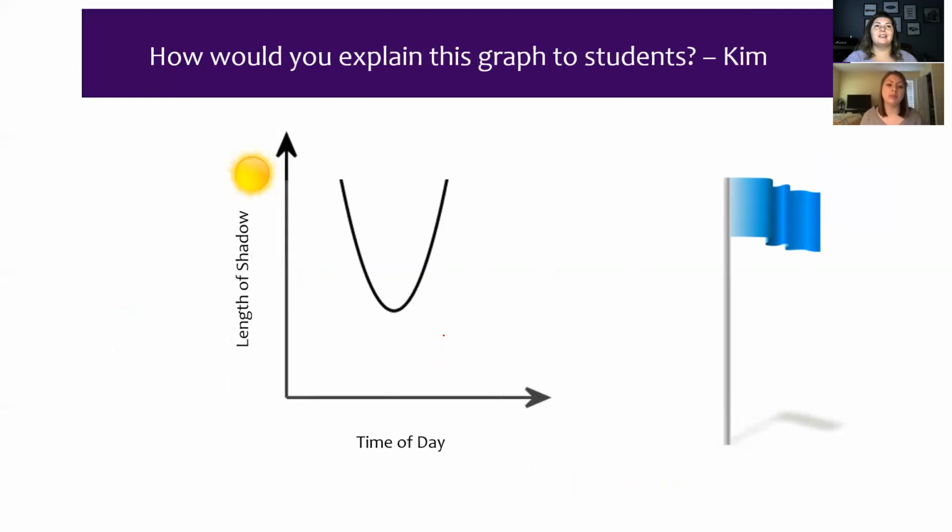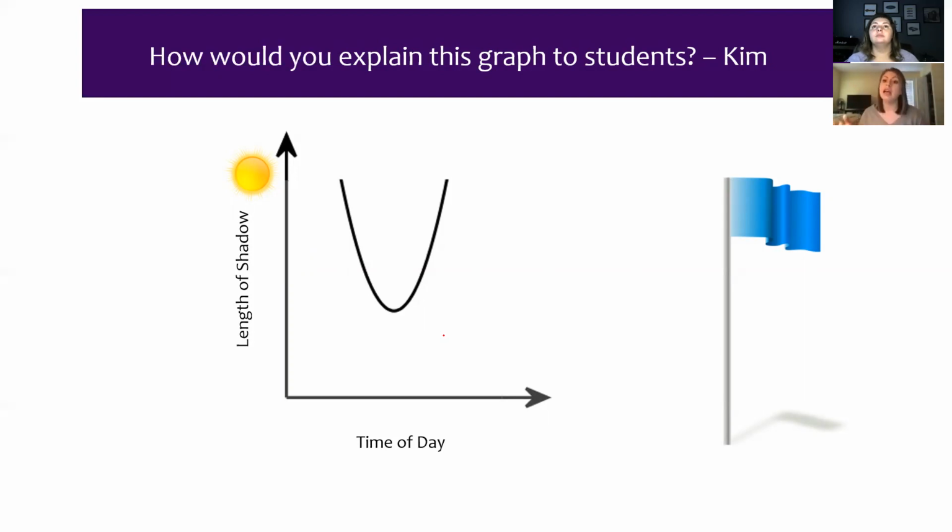So how would you explain this to the students then? I'm gonna try to explain it to the best of my knowledge. The sun rises, but the shadow of a flagpole, or any object, is going to have a different length at different times of the day due to the sun moving constantly.